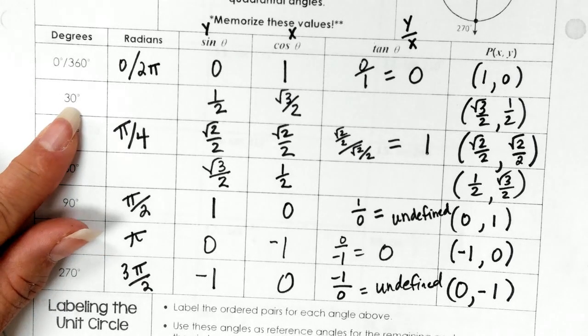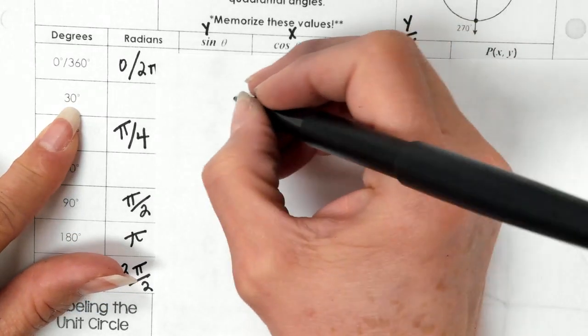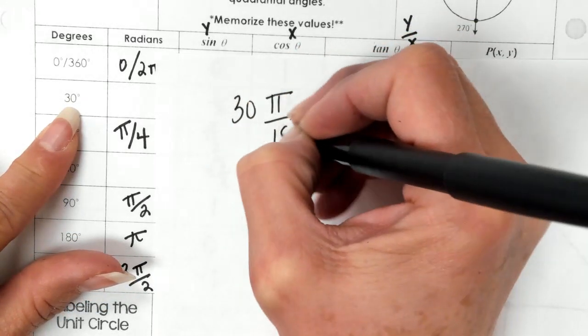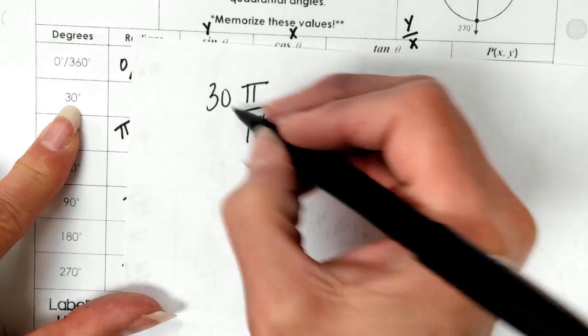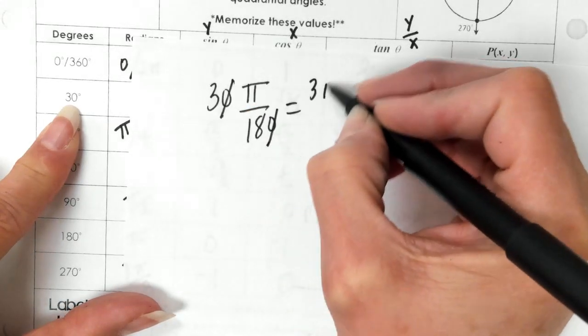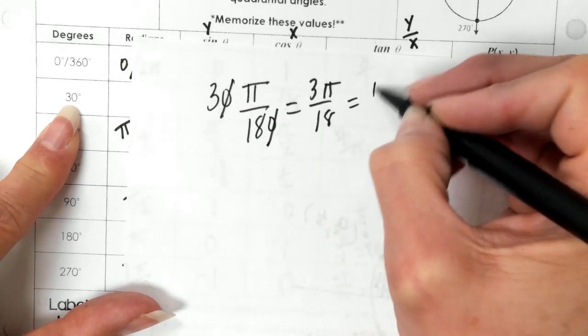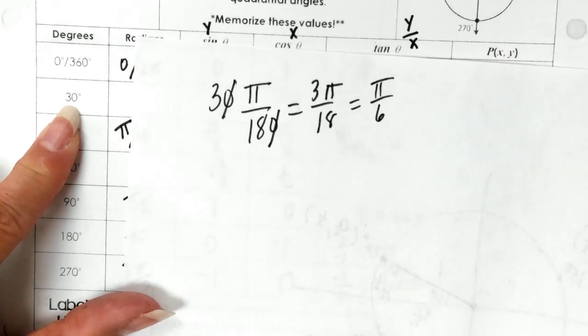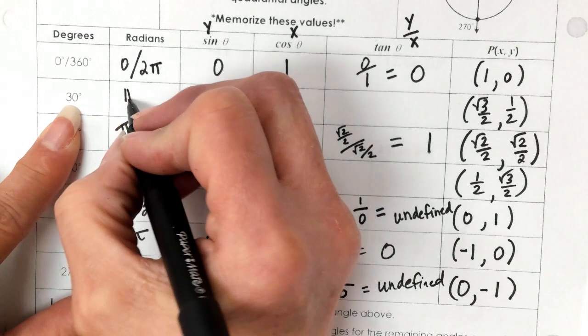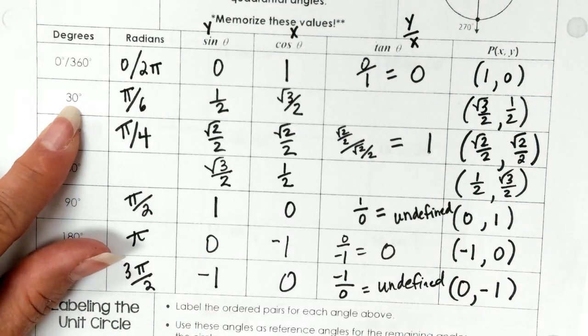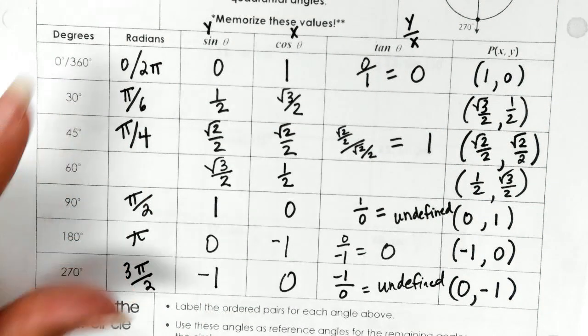If we multiply by pi over 180 to convert it, your zeros cancel. You'll get 3 pi over 18. 3 goes into 18 6 times. So pi over 6 is the radian that matches the 30 degree.